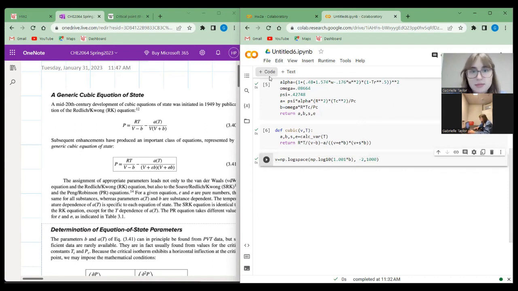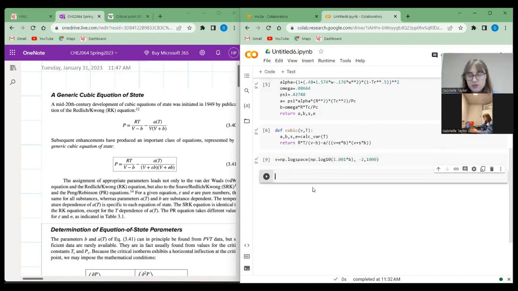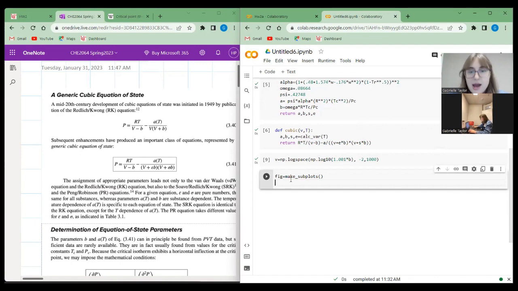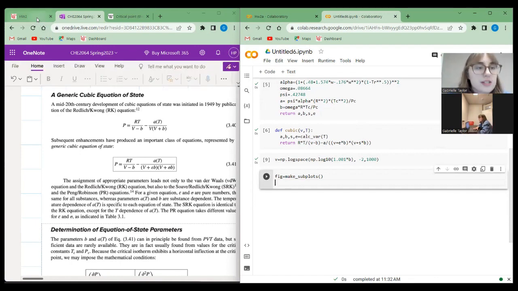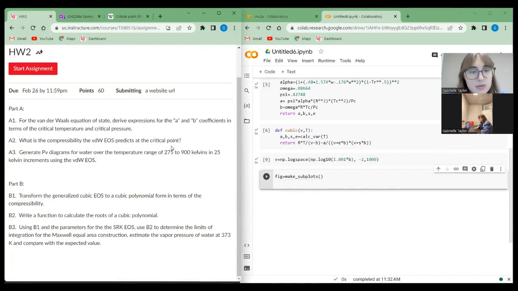Okay, let's see if this works. It does. So what we want to do first is make our figure. So our figure equals make_subplots. Now, our question says that we wanted our temperature range from 275 to 900 kelvin with an increment of 25. So we want a for loop.